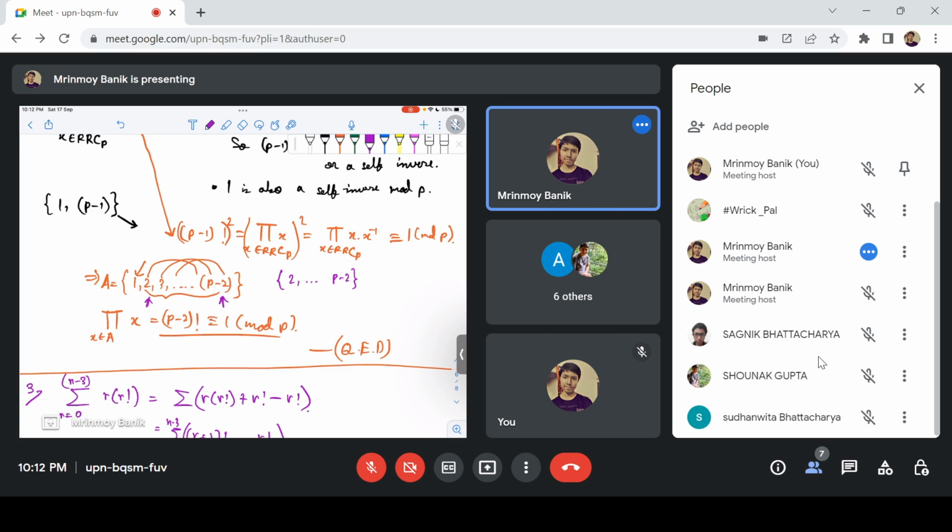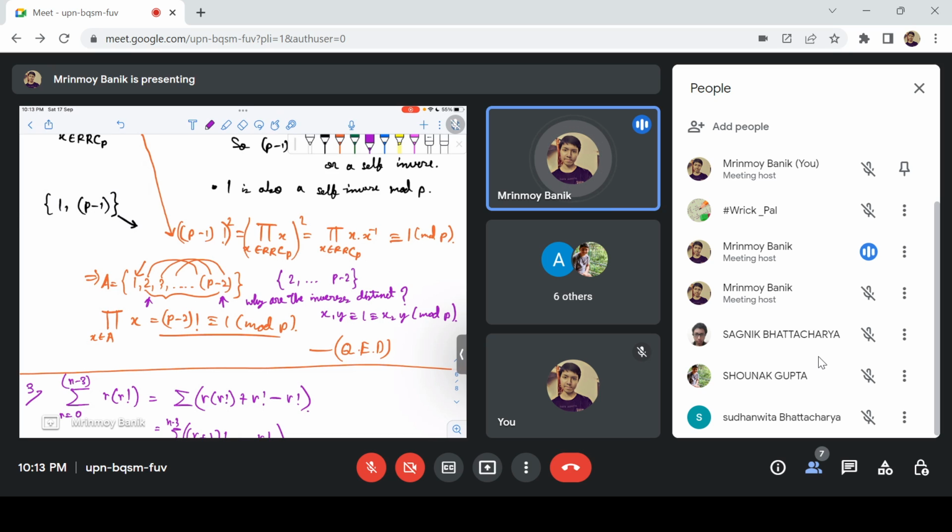So why are the inverses distinct? Let's assume they are not. So x1 and x2 have the same inverse y. So x1 y is congruent to 1, congruent to x2 y mod p.